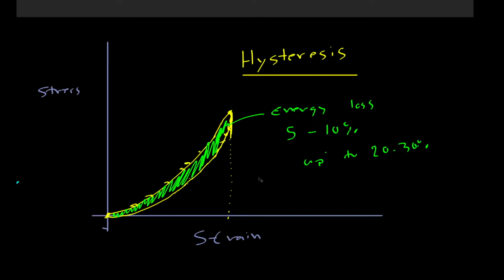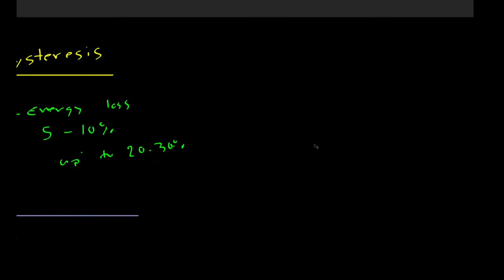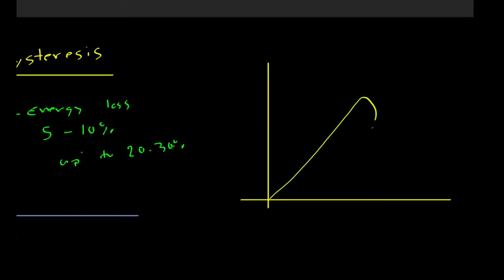So maybe old-fashioned running shoes, if you make a quick plot of that, maybe it looks like this. So you go up on the way up, and then down on the way down. Yeah, something like this. And that area is the energy lost.